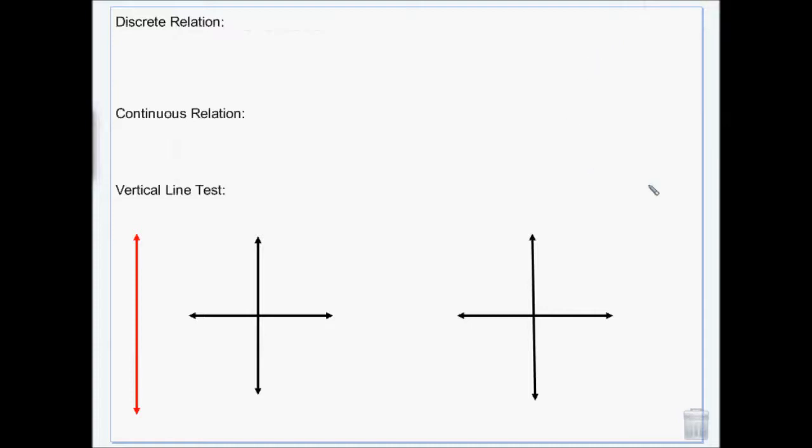Relations can be discrete or continuous. Discrete means it's sets of individual points, and they do not connect or run together.